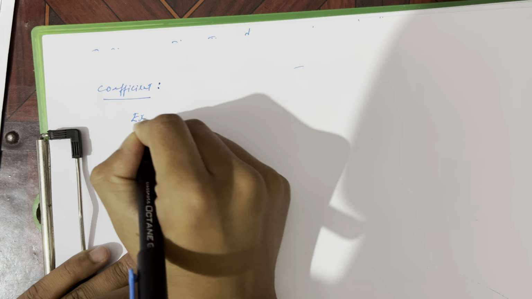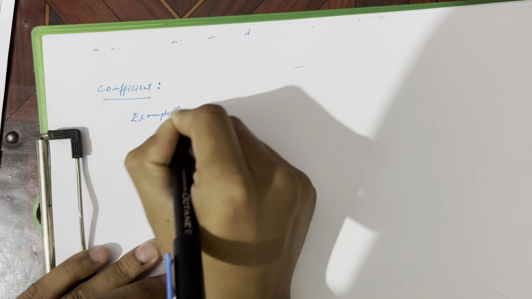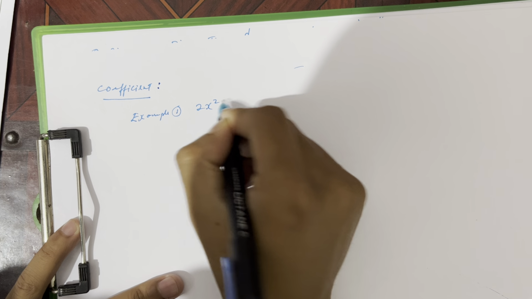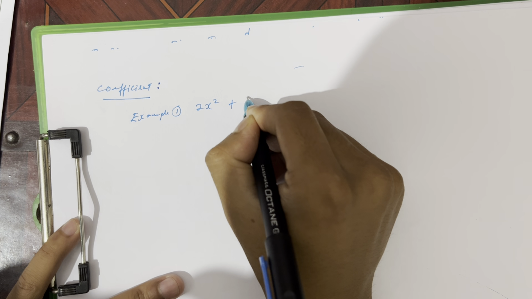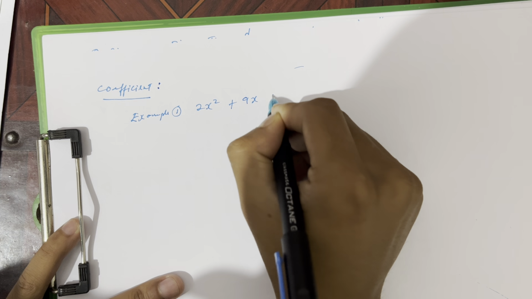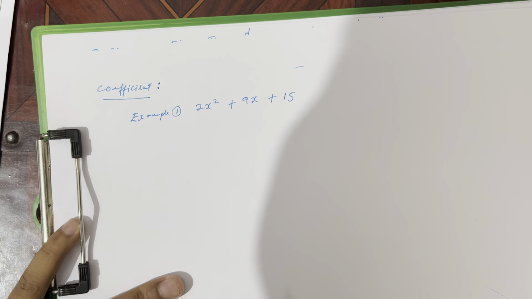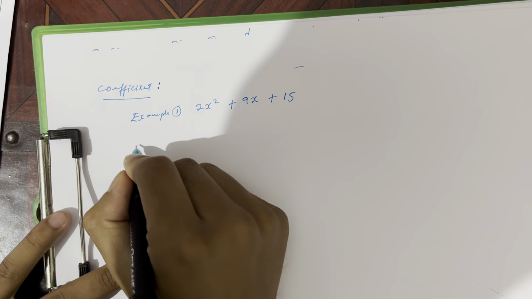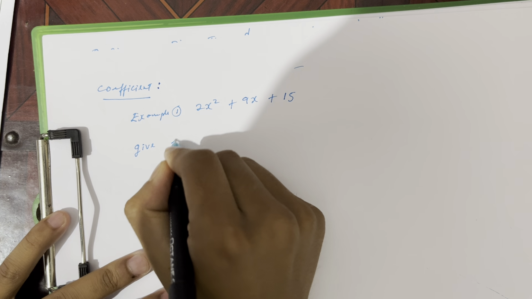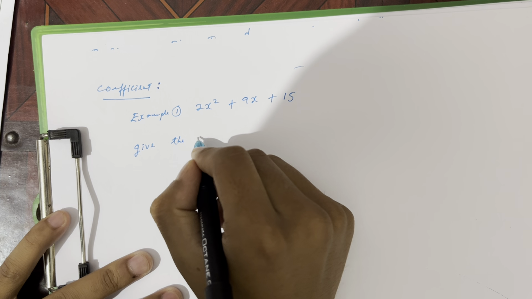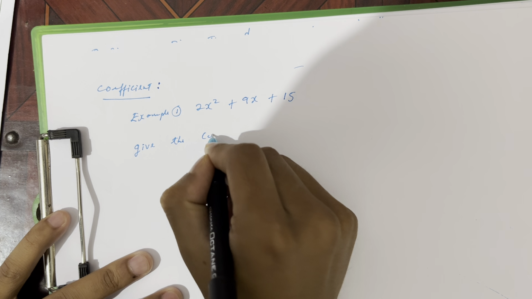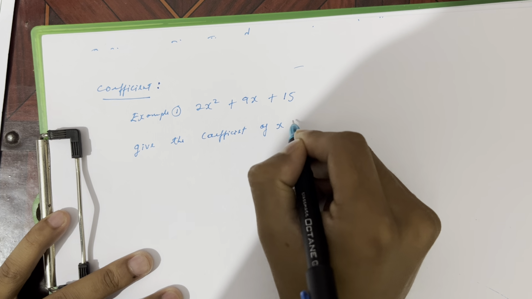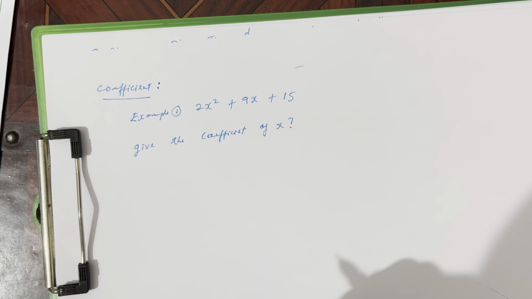Let me ask you an example of a polynomial. First example of a polynomial: 2x squared plus 9x plus 15. Now if I give you a question, give the coefficient of x, how will you give the coefficient of x?